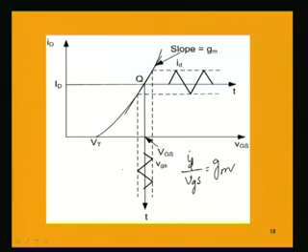So, the corresponding points on the gate to source voltage axis, projected from this current signal, are these points, which will give us the voltage between gate to source. So, the slope is denoting the transconductance.